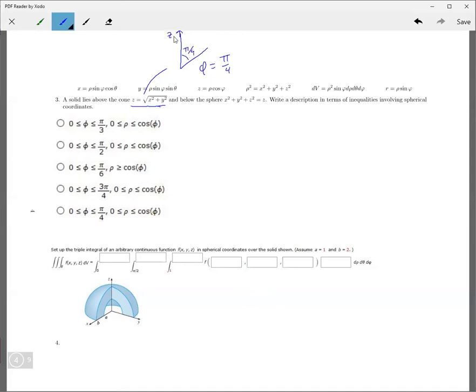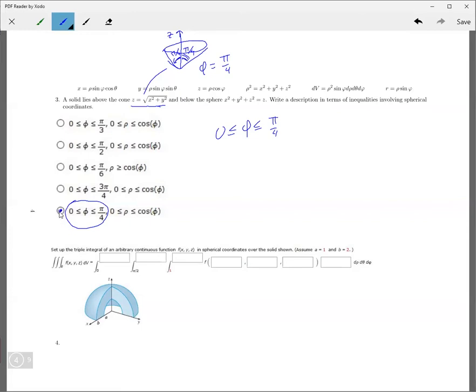So if this is the positive z-axis, then coming down here on different sides, you have different angles of pi over 4, and going around gives you the cone. Gives you the equation of the cone. And then pointing straight up is 0. So that means we're going to have phi going from 0 to pi over 4. Which looks like that one's 0 to pi over 4. And none of these are, so this is going to be the answer.